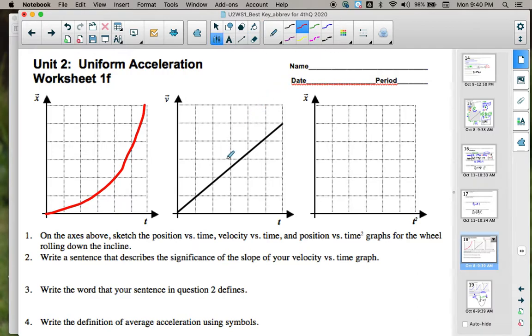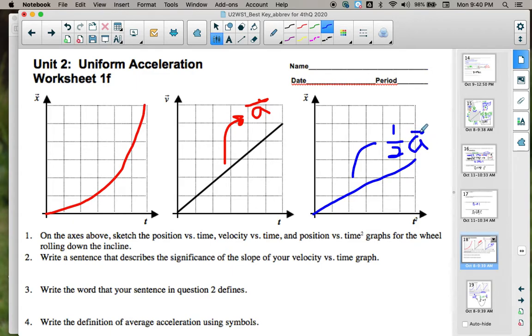We found that the slope of our velocity versus time graphs was the rate of acceleration. The rate at which velocity changed with respect to time is the acceleration, right? But the slope of the position versus time squared graph was also directly proportional, but it was half as steep as the other one, which told us the slope of a position versus time squared graph was 1/2 the acceleration.